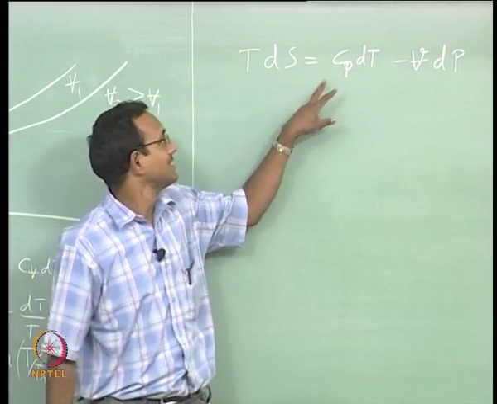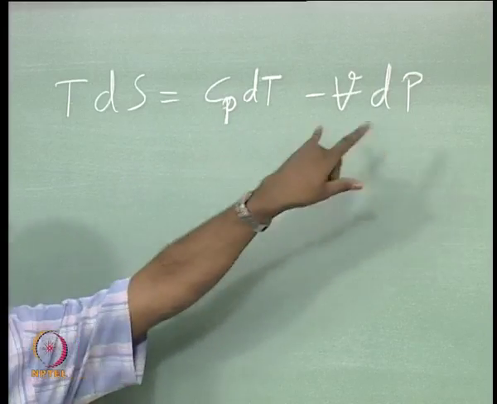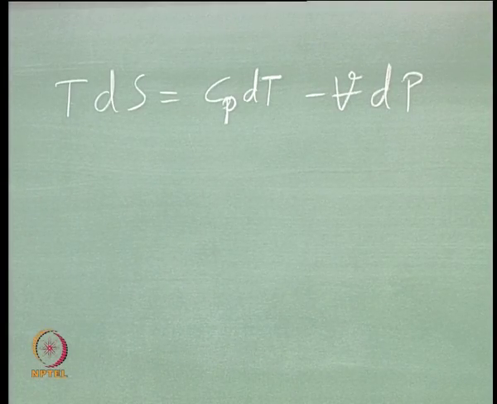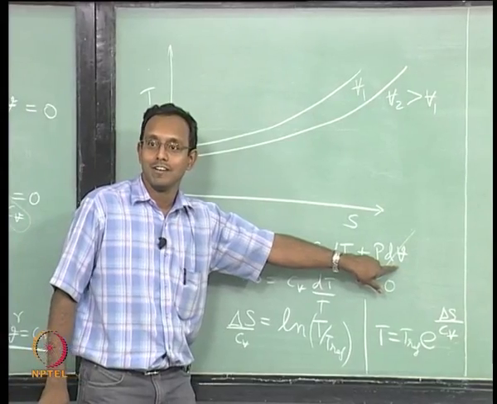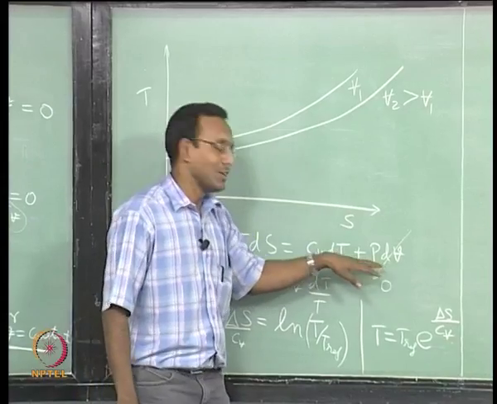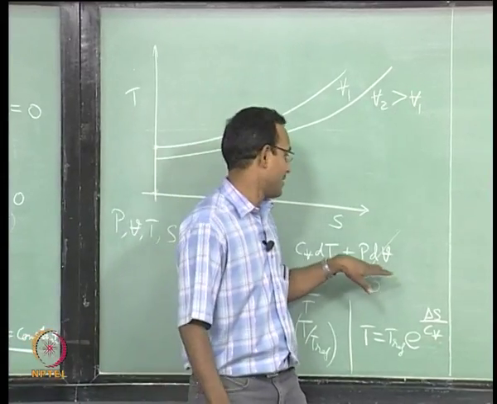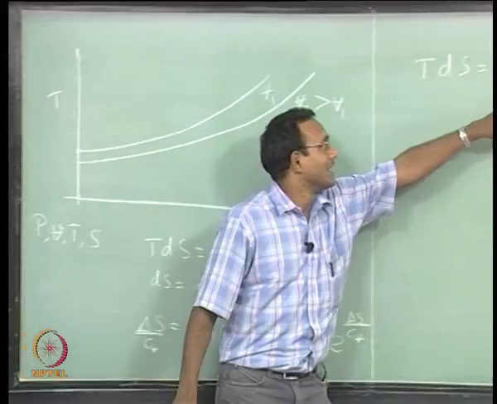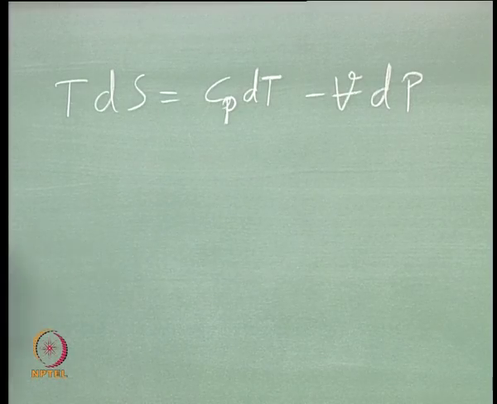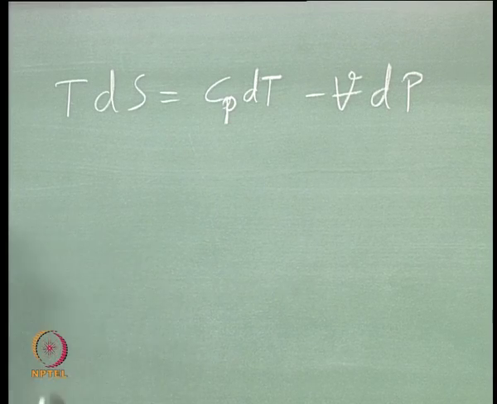Tds can be written as dh minus vdp. How do you get to this from this expression? I will just go and substitute for dv from pv equal to RT, put it in here, you will get to this form. Okay. Whatever we did before at the beginning of the class, the same thing we are doing again. Okay. Now, we can solve this problem.